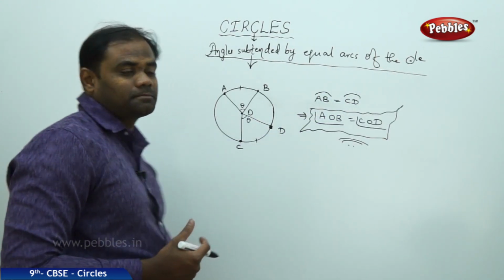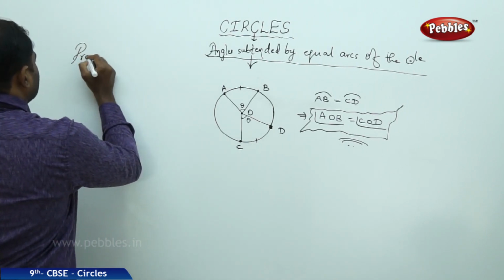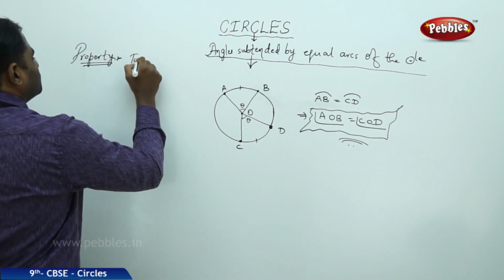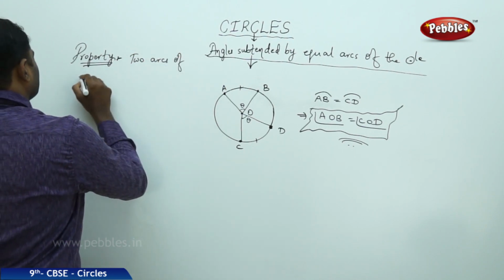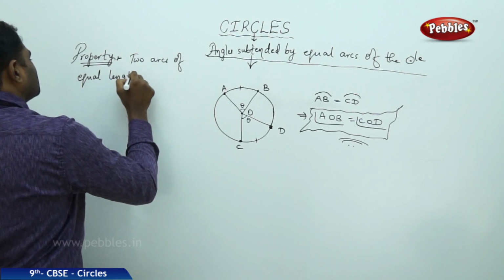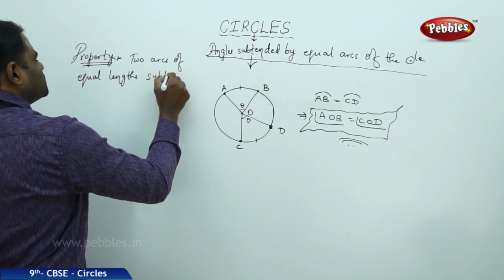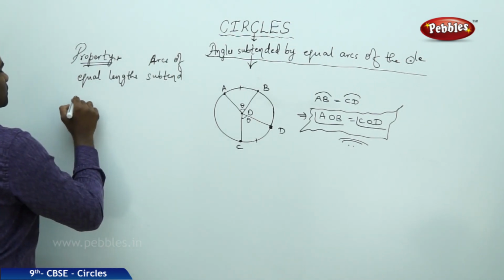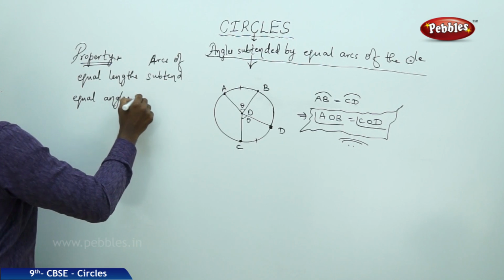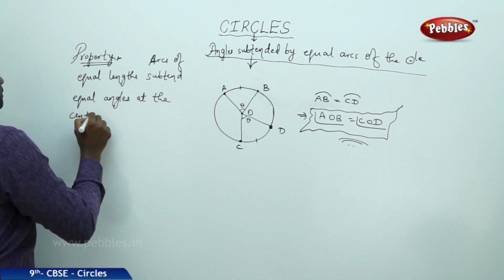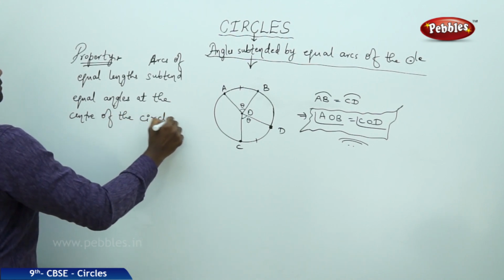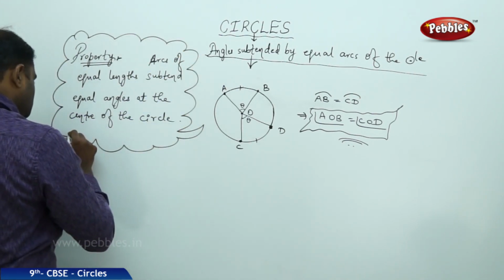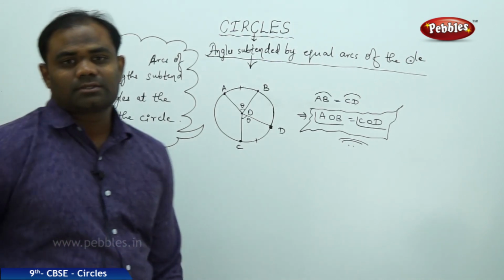Let's write the statement in words. So here the property says that two arcs of equal lengths subtend equal angles at the center of the circle, is how I understand the property connecting the arcs and the circle.